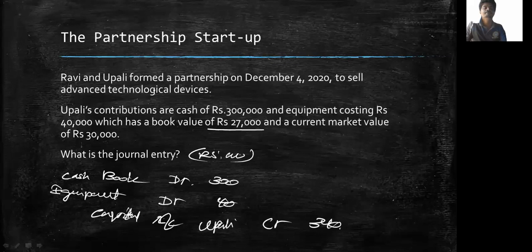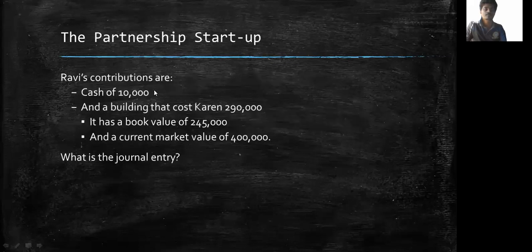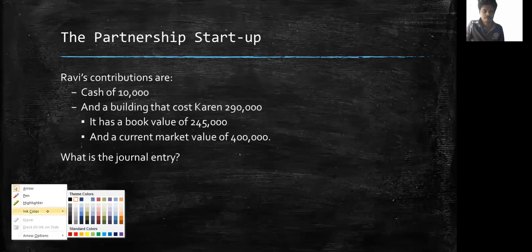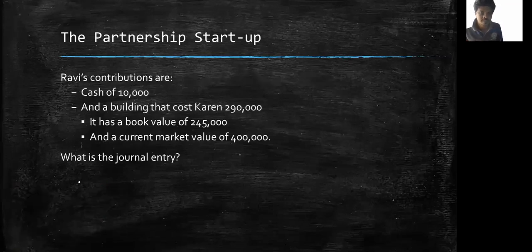Then Ravi's contribution you can record. Cash 10,000, then cash book definitely debit 10,000.